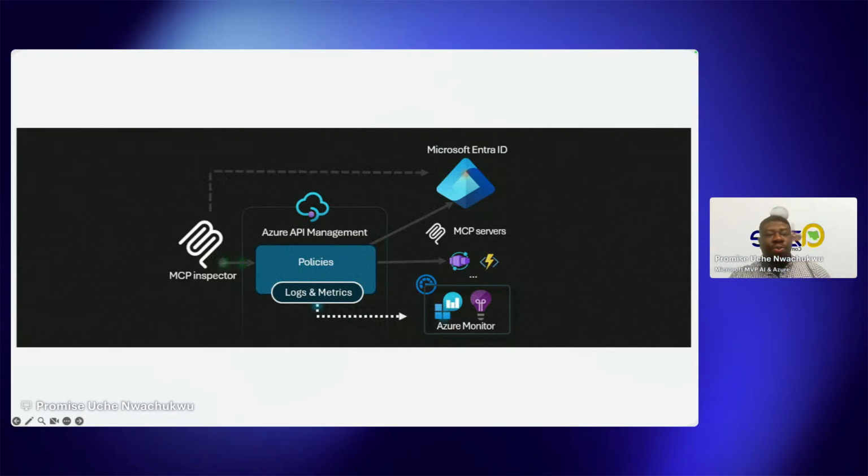So the first thing you need to notice is this: your MCP inspector is like a client application, your client, which helps you interact with your AI systems, right? And in the first setup here, we have an AI gateway that serves as the point of entry.